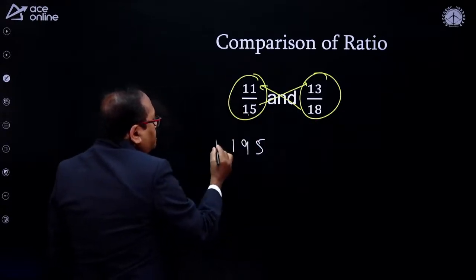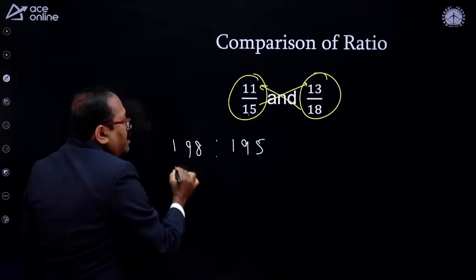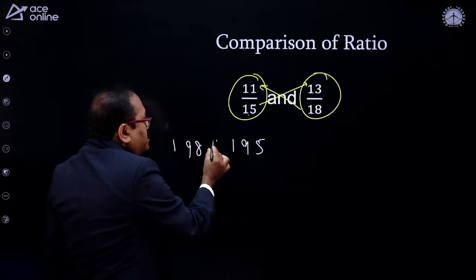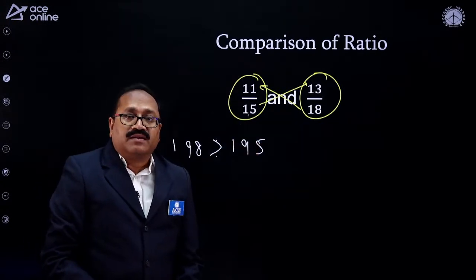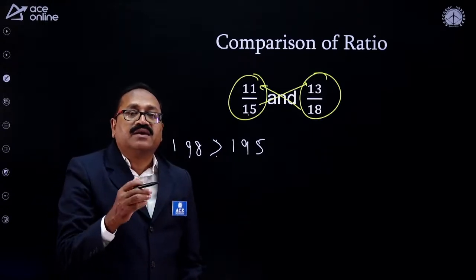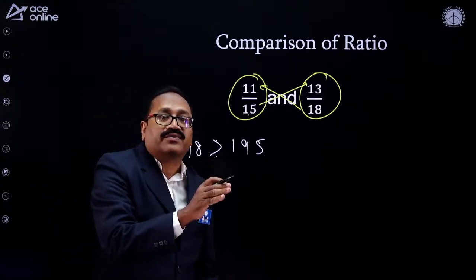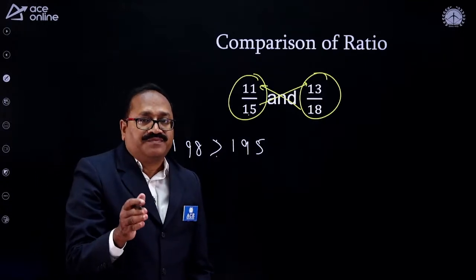The left hand side product is 18 into 11, that's 198. So these are the values of the products. So the left hand side is greater than the right hand side. Therefore 11 by 15 is greater than 13 by 18. That is how cross multiplication is used when you are comparing fractions, arranging them in ascending or descending order, or finding the highest ratio or the lowest ratio.